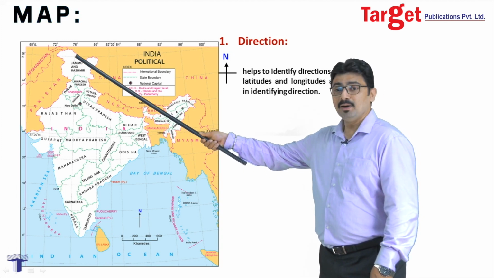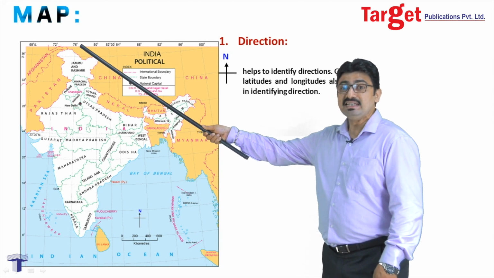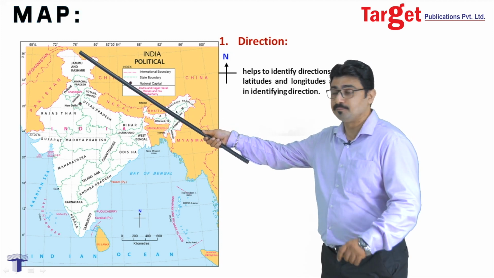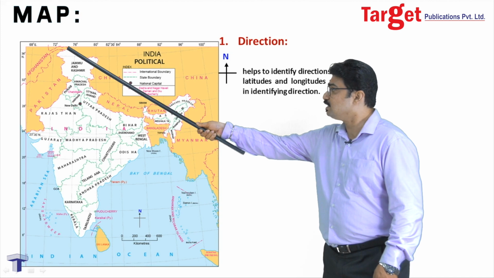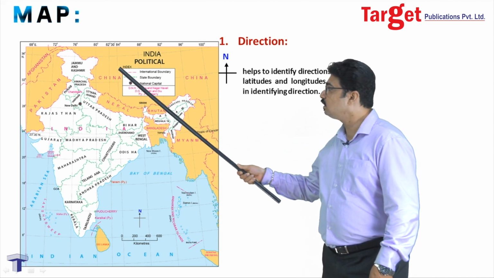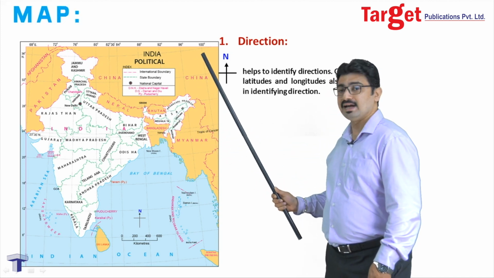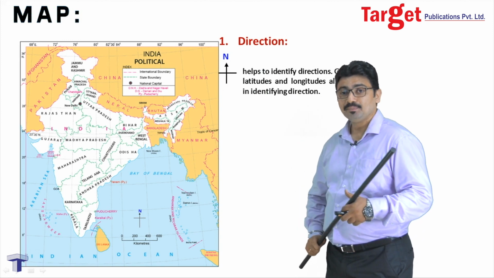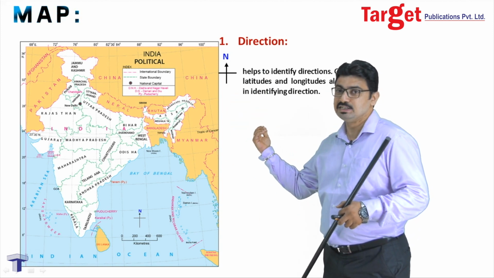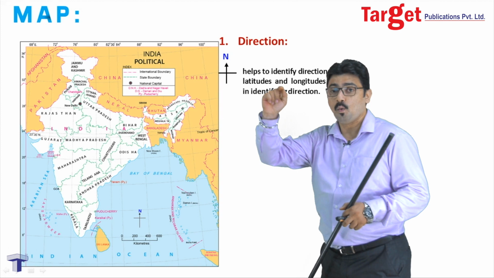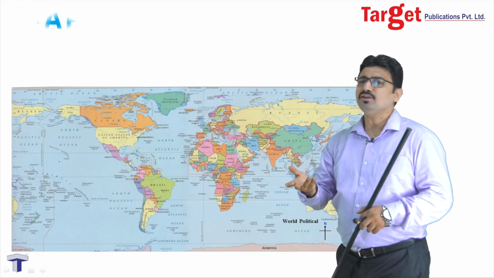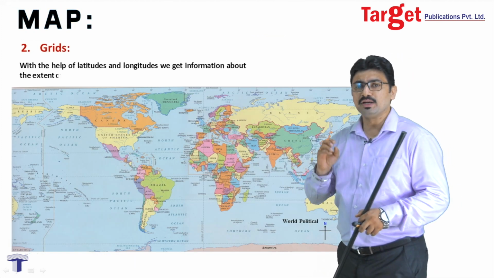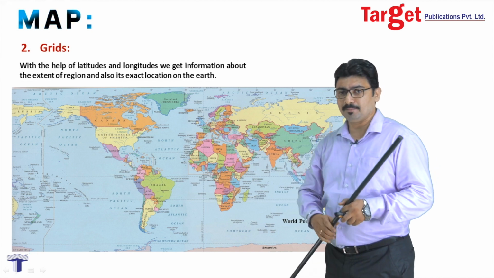Similarly, the number with E represents east or the eastern hemisphere. Again, these numbers increase from the left hand side and go on increasing to the right hand side, which indicates that the right hand side is the east direction and the left hand side is the west direction. Either of these two ways is used to represent the direction on a given map.